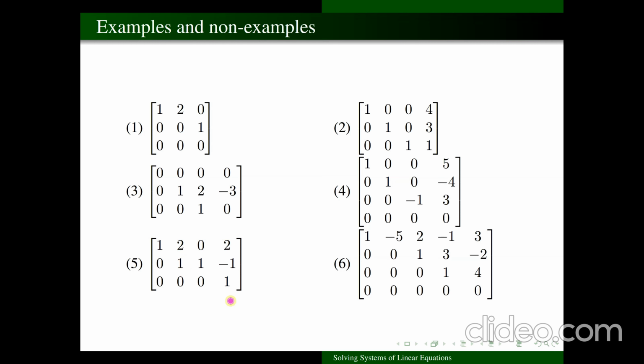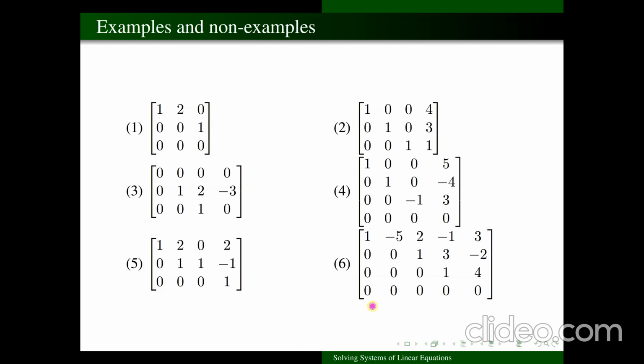The same is actually true for column 4. So condition 4 is not satisfied for matrix 5, which tells us that this matrix is a matrix in row echelon form, but not in reduced row echelon form.